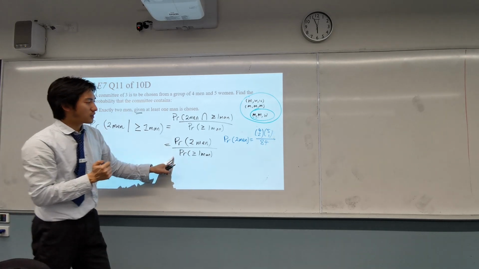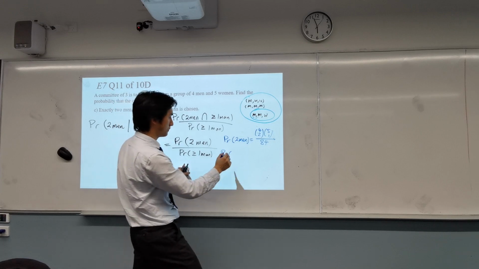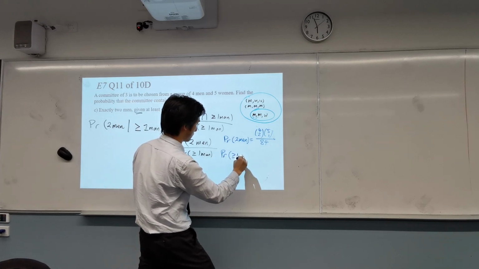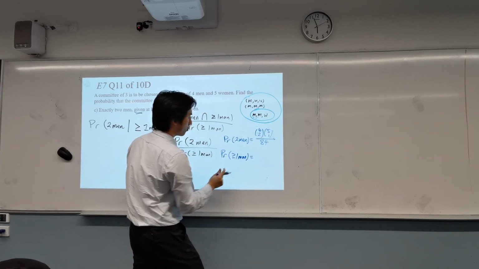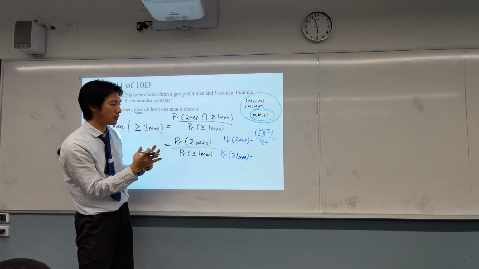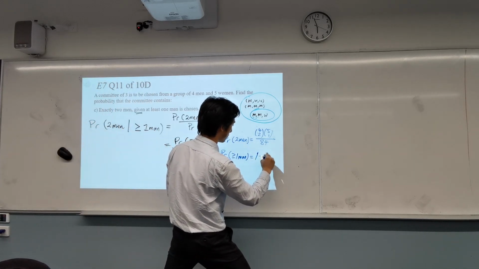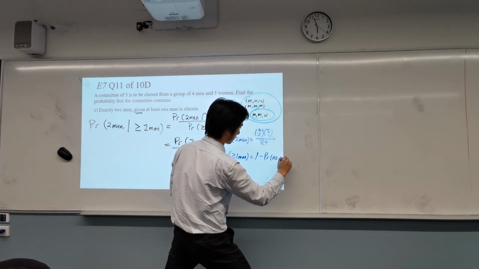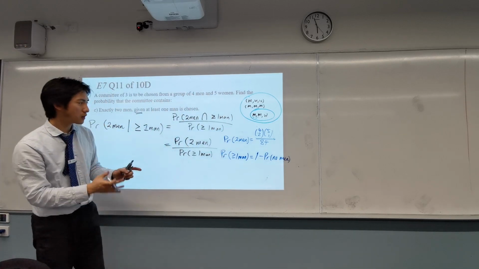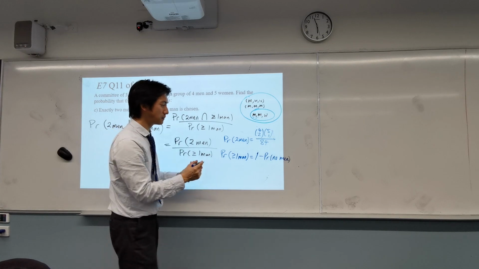In the second part, we need to figure out the probability of having at least 1 man, which is the same as the complement of not having any men at all. Kind of like question B, where we use this complementary probability trick.